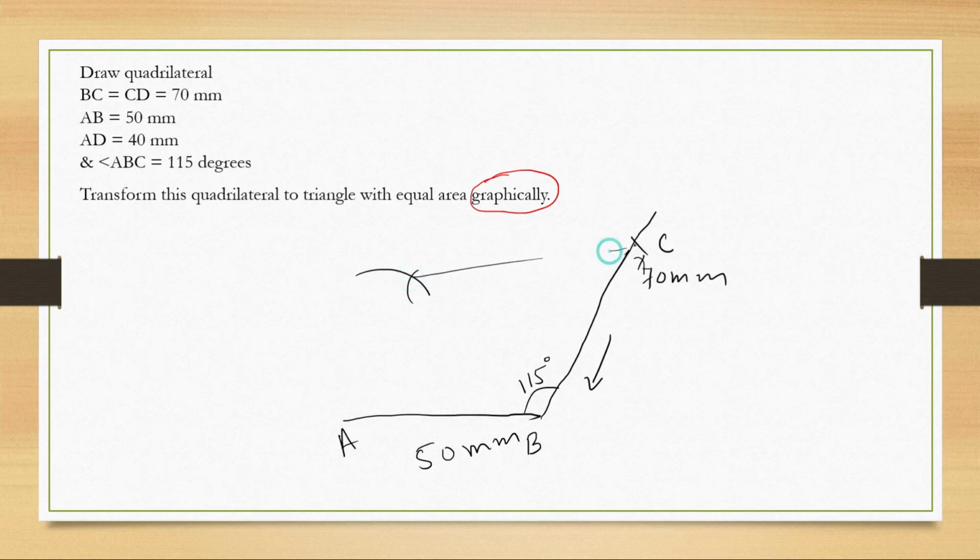Then you have to connect it. So this is how your quadrilateral will look like. Not exactly, this is just an arbitrary drawing. This will be D, this is 40, this will be 70. Okay, so with this I will proceed to the actual drawing.